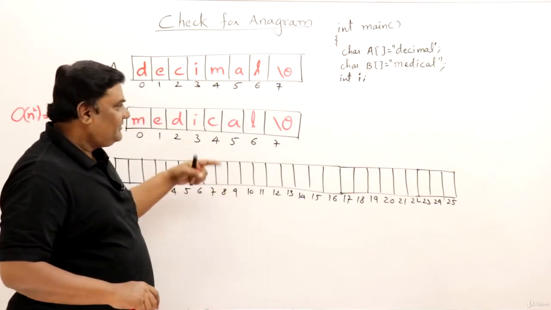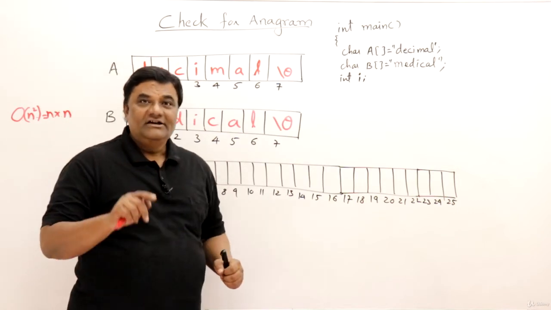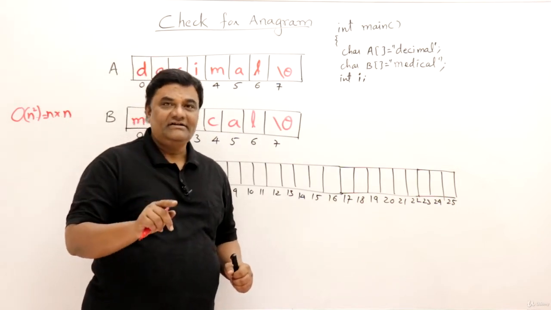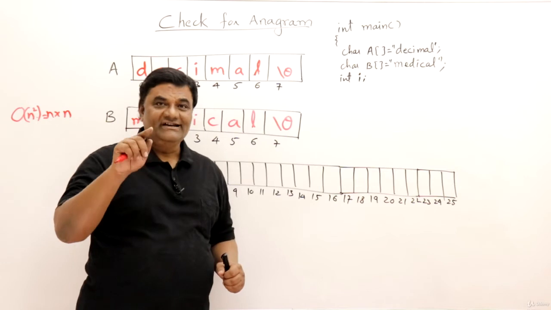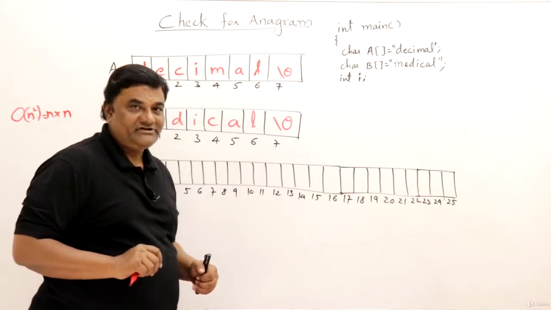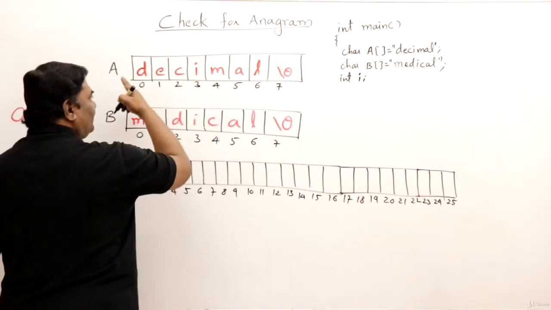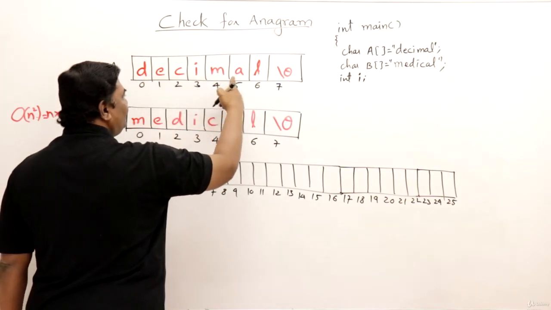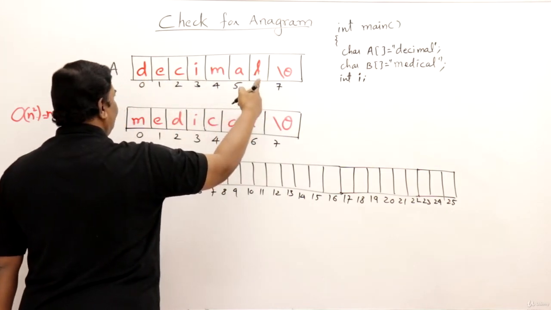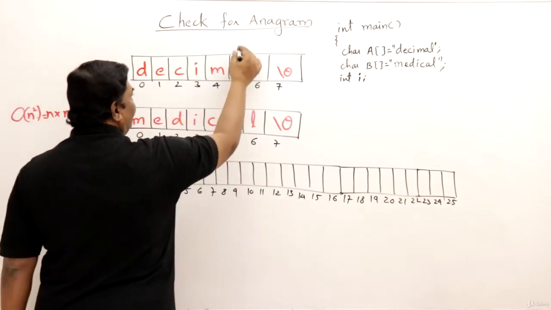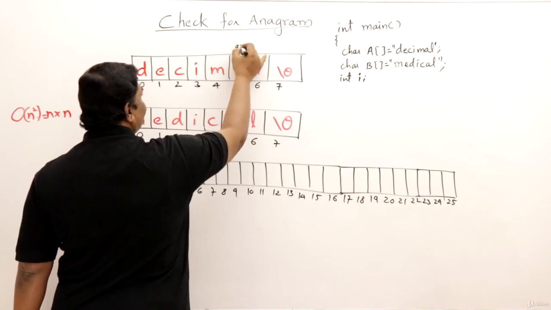Now how can we make use of this? Let us see how, using a hash table, we can find whether these two strings are anagrams or not. Let us see the procedure. First of all, I will write down the ASCII codes of these lowercase alphabets. This A is 97, this is the ASCII code.